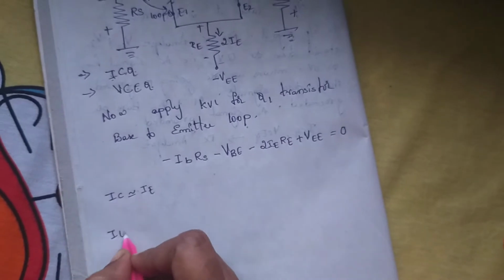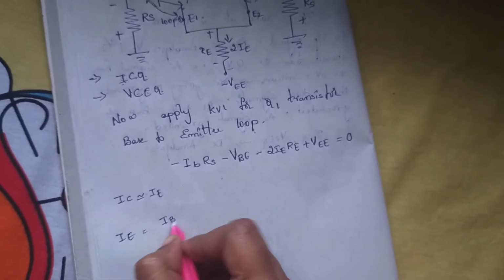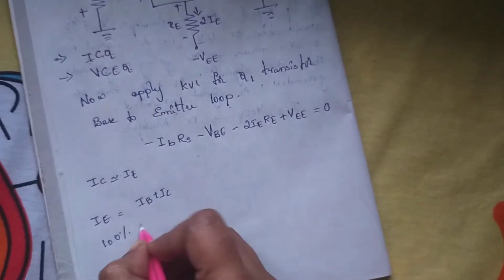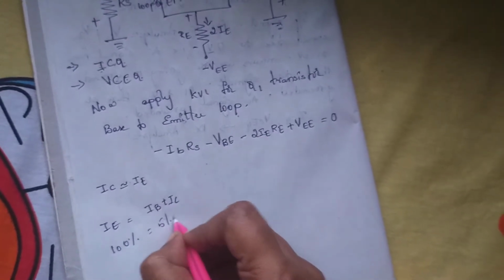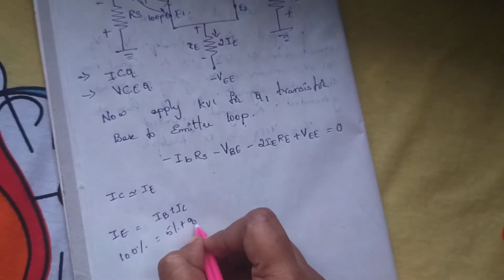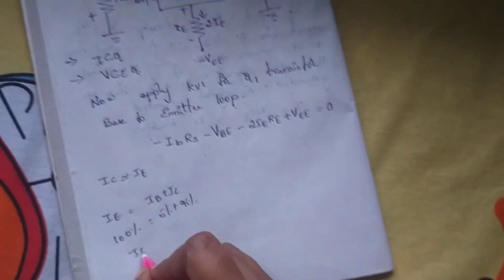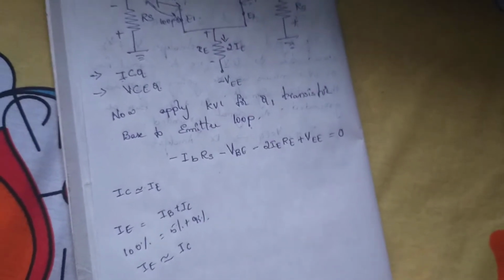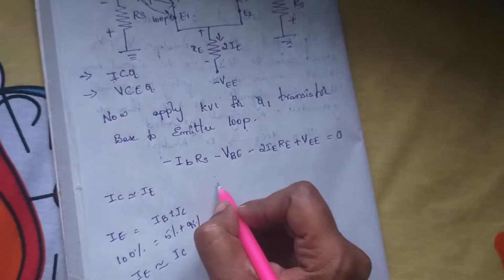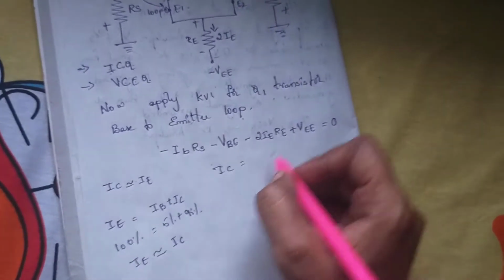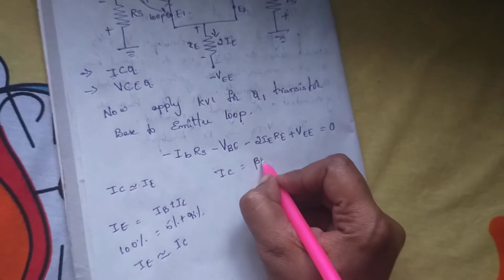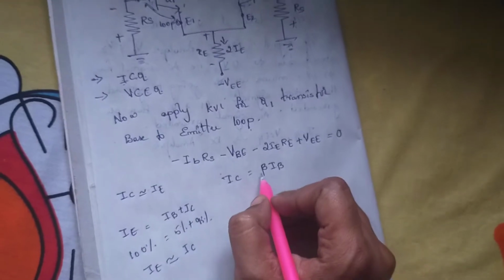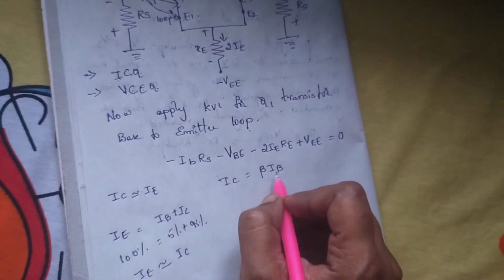We all know IC is approximately equal to IE, since IE is equal to IB plus IC. If the collector current is 100%, then the base current is 5% and the collector current is 95%. So IE is approximately equal to IC. The formula for collector current is IC equals beta into IB. Beta is the h parameter, also known as hFE. This is the basic formula.